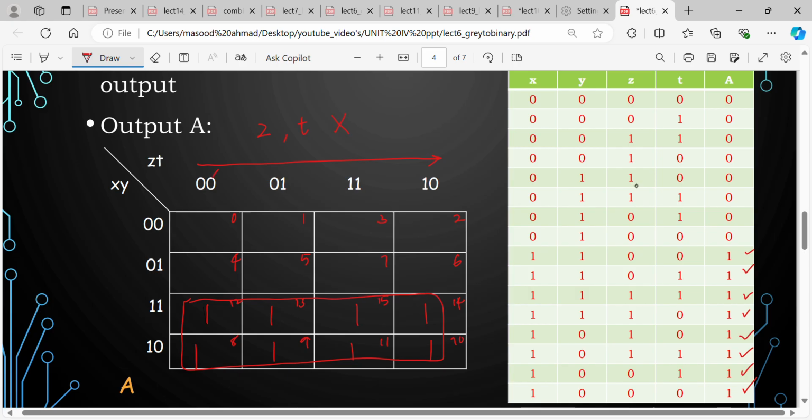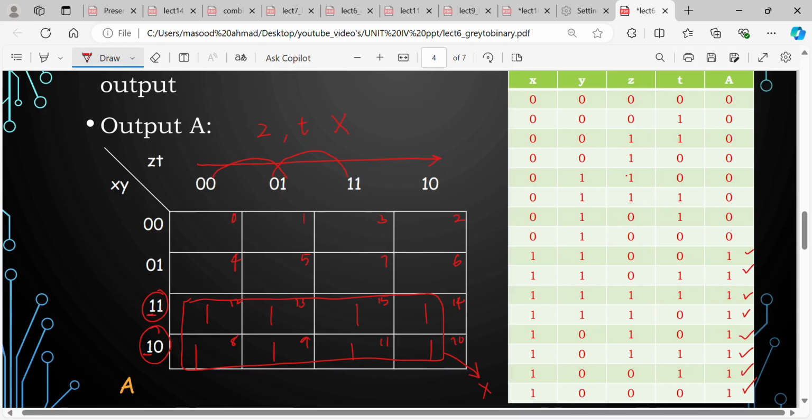For example, from here to here, T is changing; from here to here, Z is changing. Any variable which changes will not be there in the expression. So here it is 1, 1 and 1, 0. This is in the form of x and y. x is not changing, y is changing. So the expression for this 8 ones combination is x.